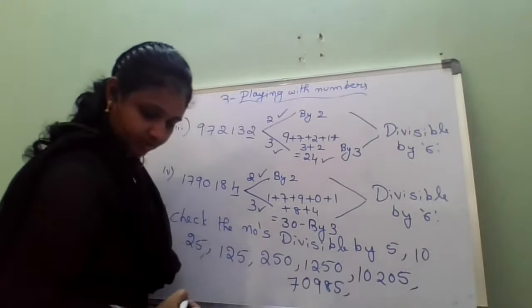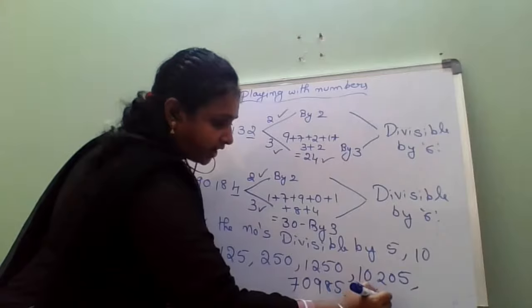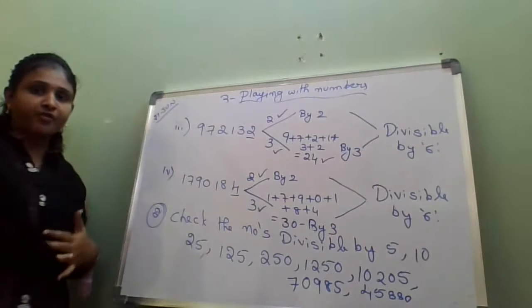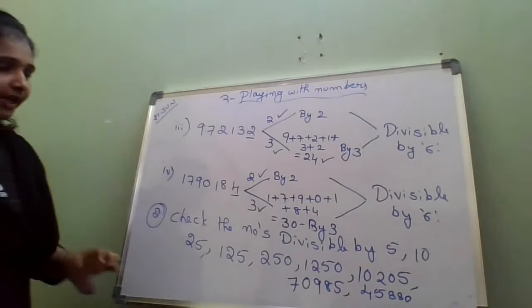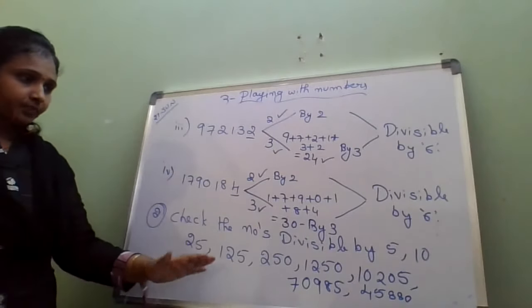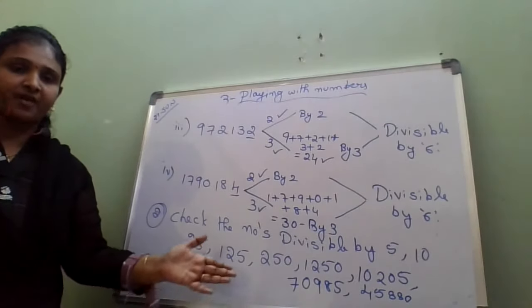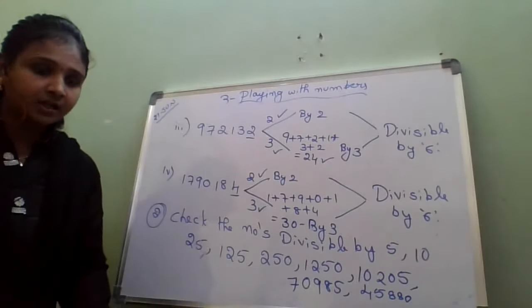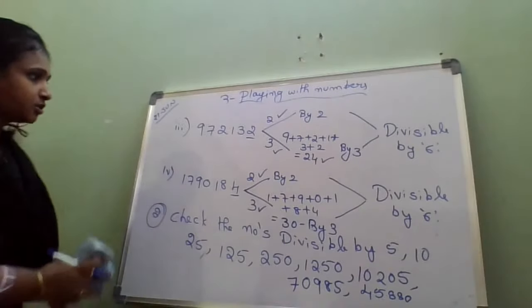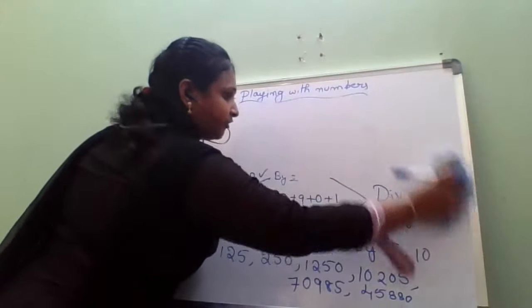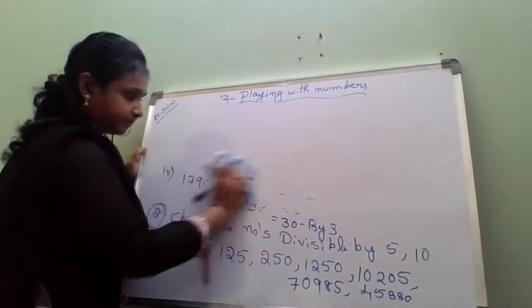70985, 45880. Now separate these numbers. Which number is divisible by 5? Which number is divisible by 10? For this we will make one table.